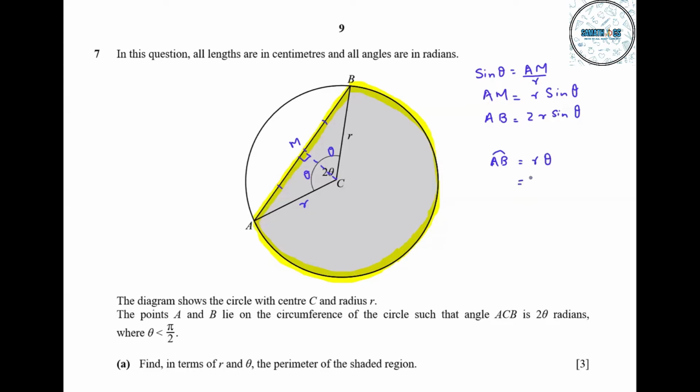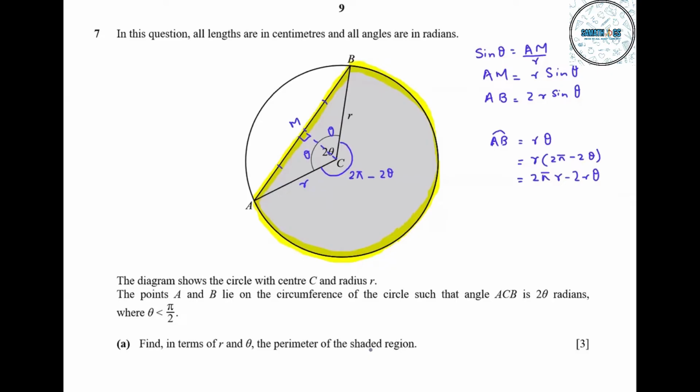We have here R, but we have to consider this angle, right? Because we are taking out the length of the major arc. So we have to consider this angle, and this angle would be 2 pi minus 2 theta. We will subtract this 2 theta from the sum of angles at a point, which is 2 pi. So R multiplied by 2 pi minus 2 theta: 2 pi R minus 2R theta.